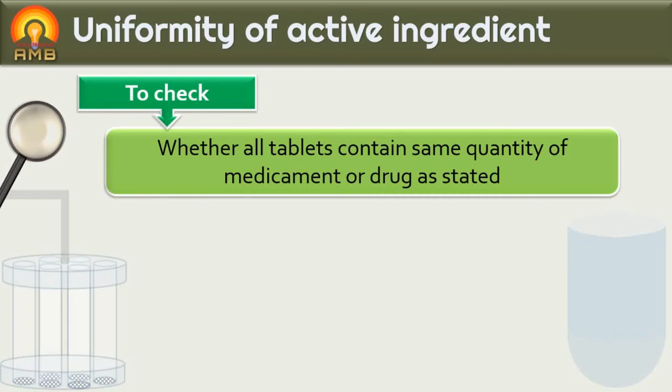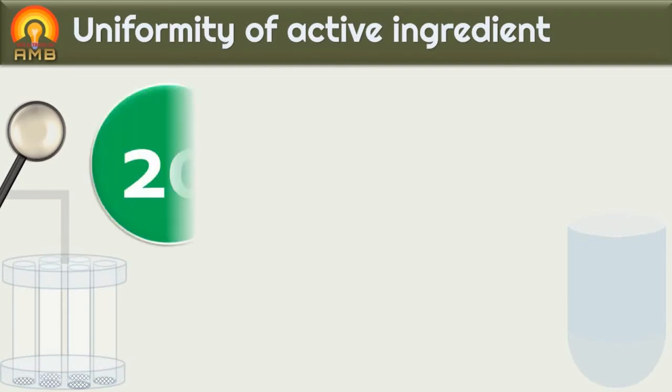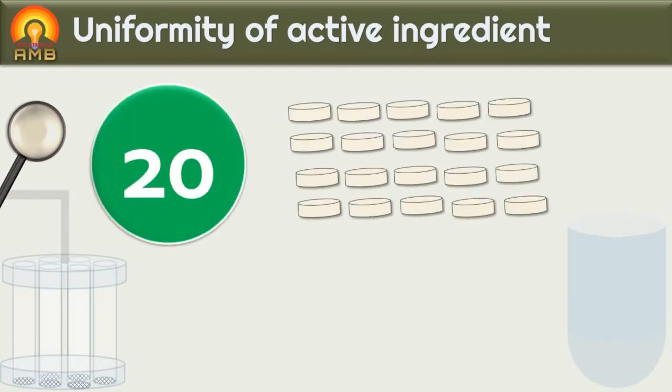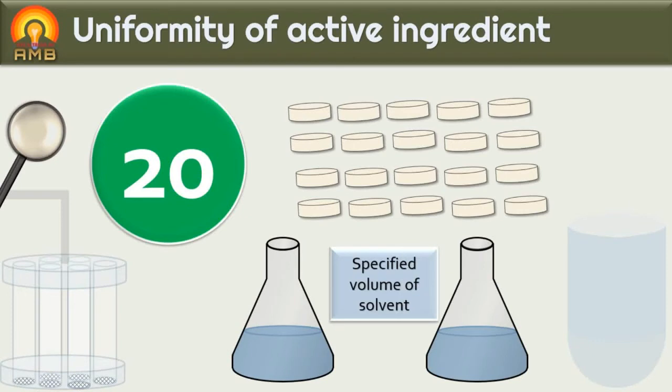Let's see how this test is performed. Take 20 tablets or the number of tablets specified in the monograph. Dissolve the tablets individually in the specified volume of solvent as specified in the monograph.